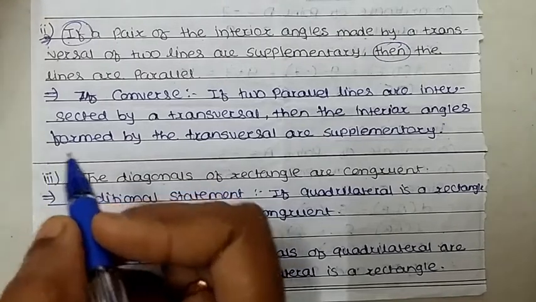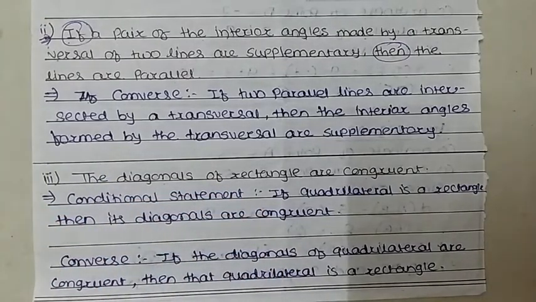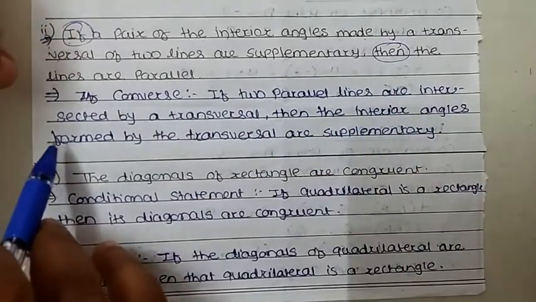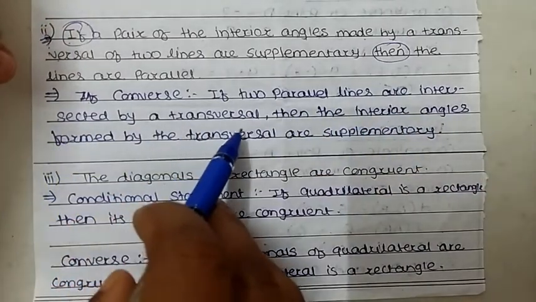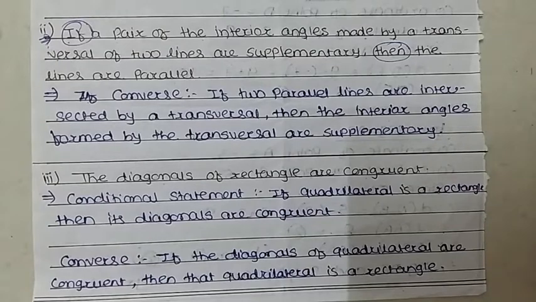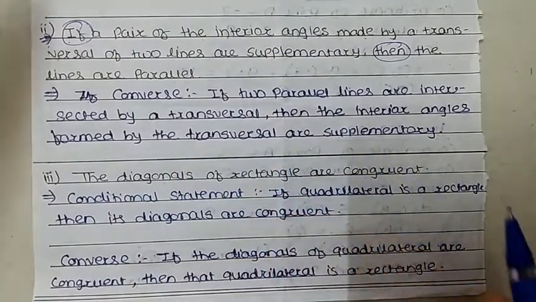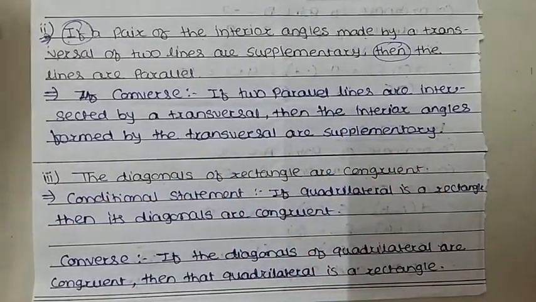If two parallel lines are intersected by a transversal, then the interior angles formed by the transversal are supplementary. Just the opposite of the statement. Clear?